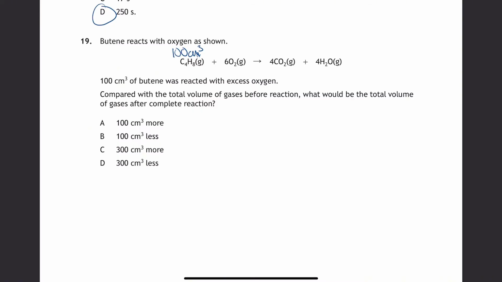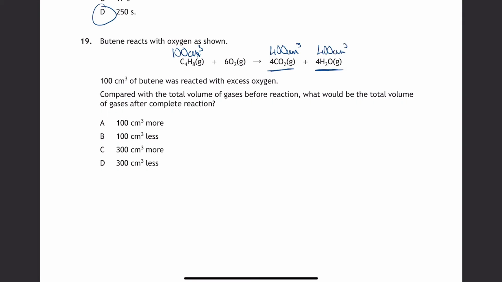So the things that are gases on the product side are these two things. So if we're reacting 100 centimetres cubed of butene, then that means we're going to make 400 centimetres cubed of this because it's 4 moles, and 400 centimetres cubed of this because that's also 4 moles.